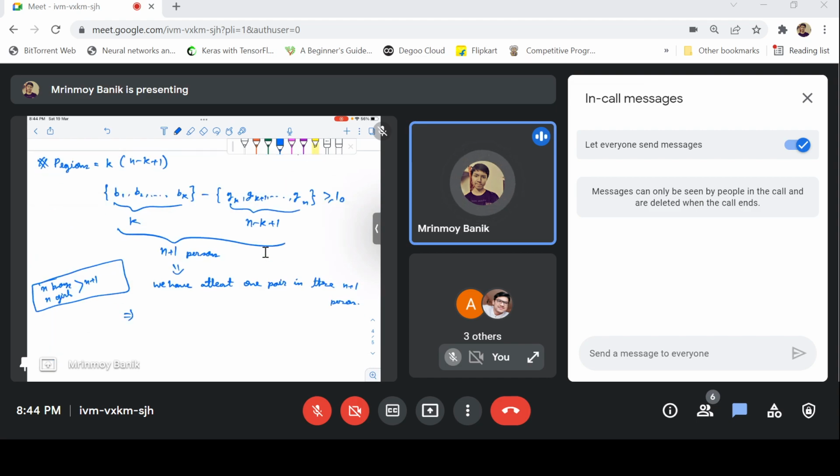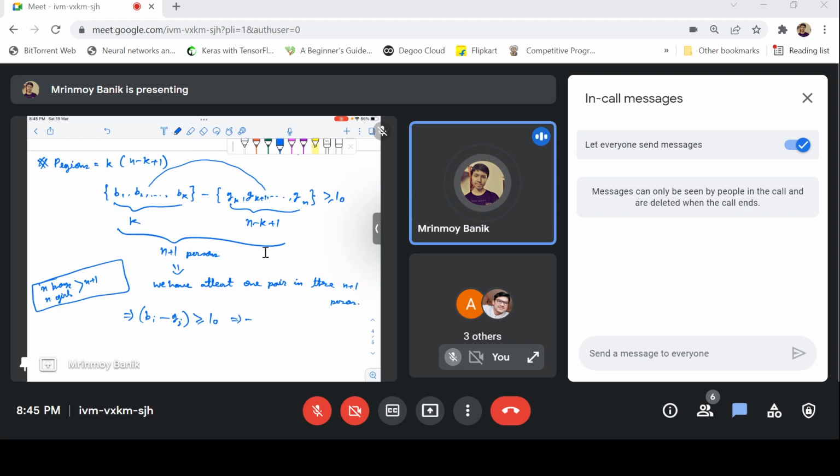Now, by our definition, two of the boys won't be in a pair and two of the girls won't be in a pair, so that pair must be some boy here paired to some girl here. So some ith boy is paired to some jth girl, and all the boys are greater than all the girls by at least 10 centimeters.